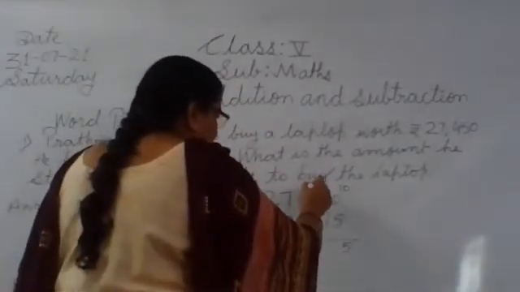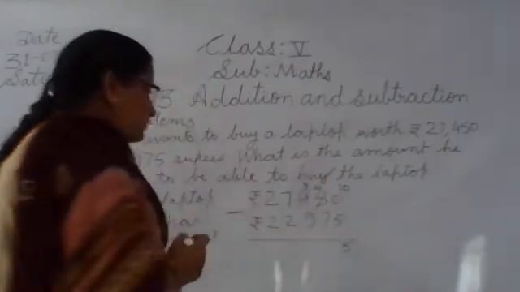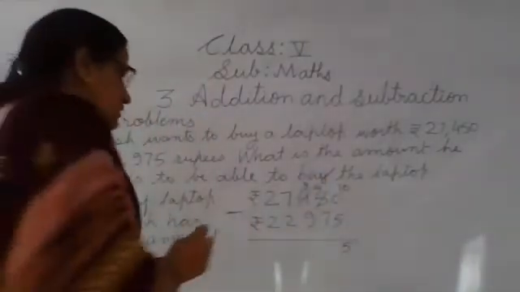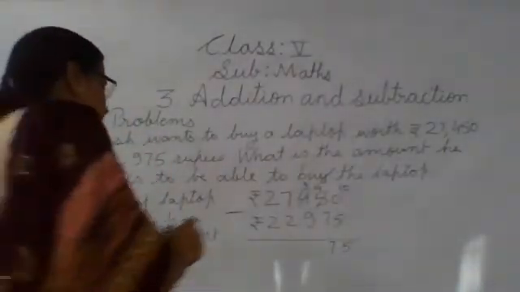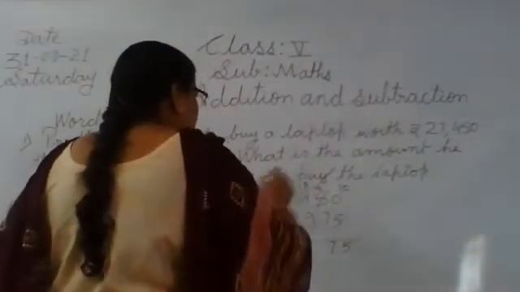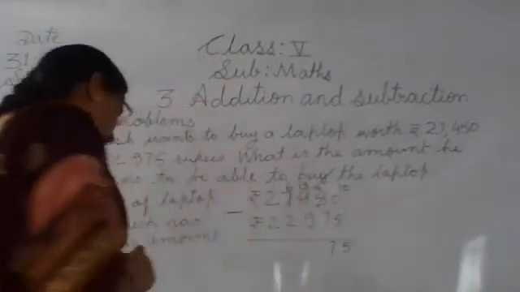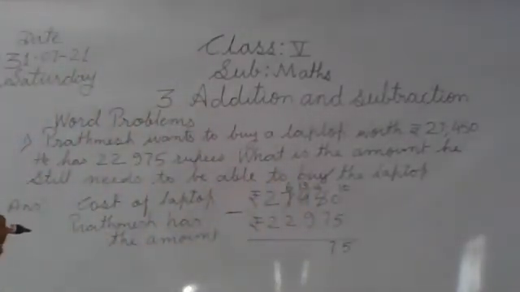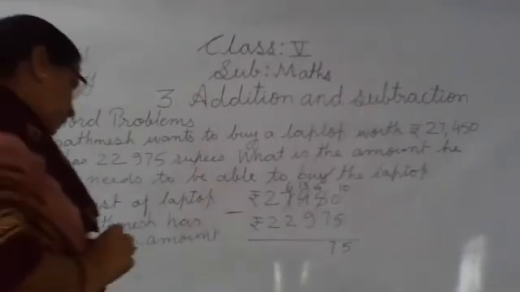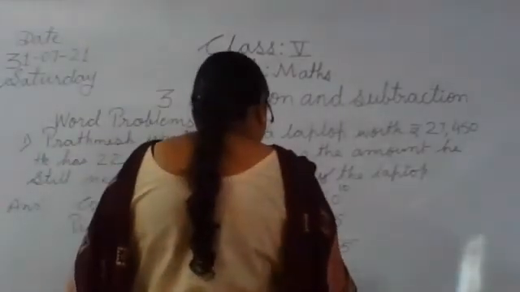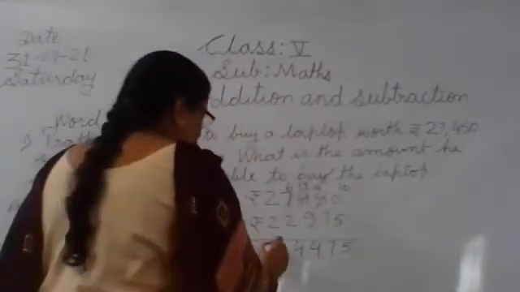So again we will borrow 1. So this 4 becomes 3. 10 minus 7, 3. 3 minus 9, not possible. So again we will carry over 1 from 7. So it becomes 6. Now 13 minus 9, 4. 6 minus 2, 4. And 2 minus 2, 0.